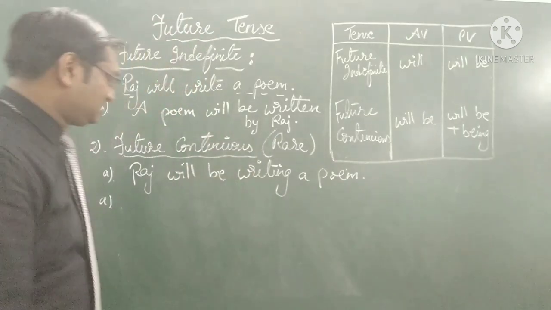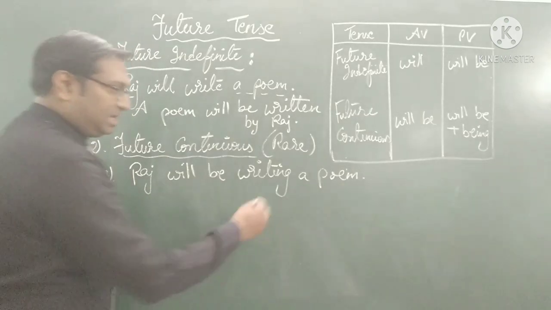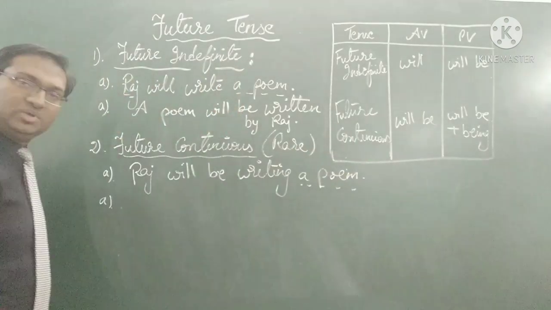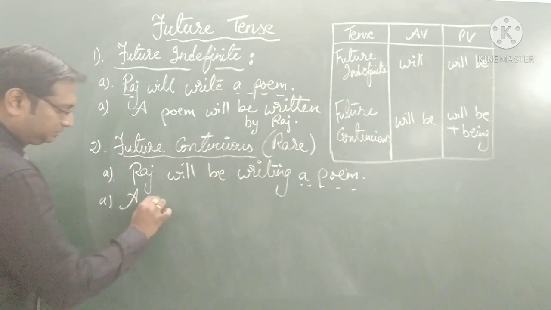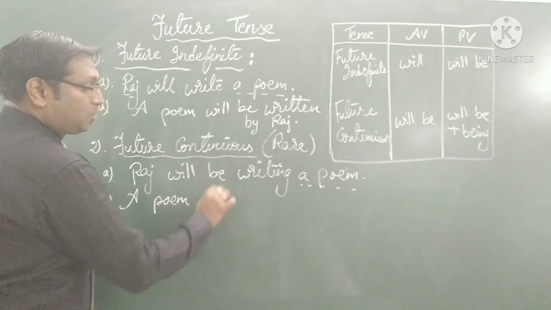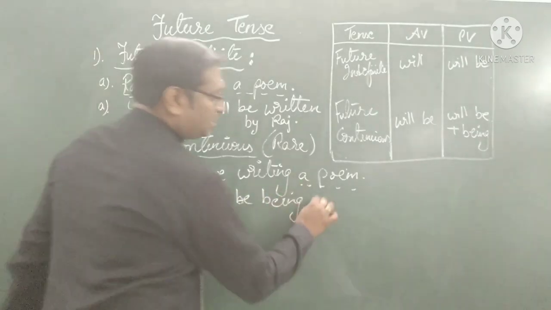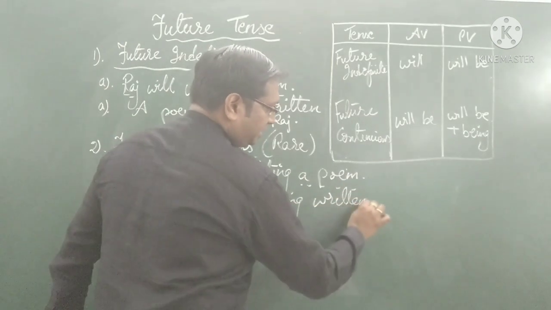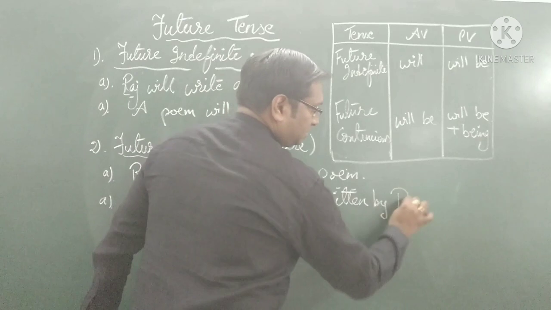Let's do the sentence. Raj will be writing a poem. Again, the poem is the object, so it will become your passive subject. A poem will be being. Writing will change into third form, written, by Raj.